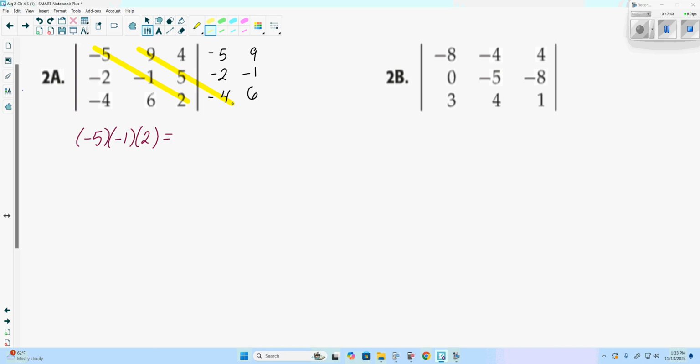Our second diagonal is going to be 9, 5, -4. And our last diagonal is going to be 4, -2, 6.